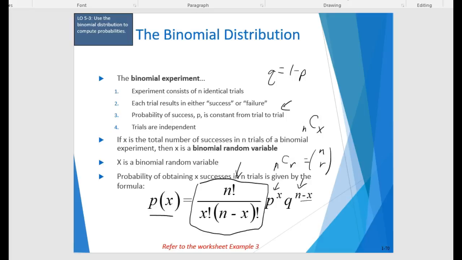So you multiply those all together independently, right? And then the number of combinations that those can occur, which is the big choose formula here. Okay, so that's how we'll see that.